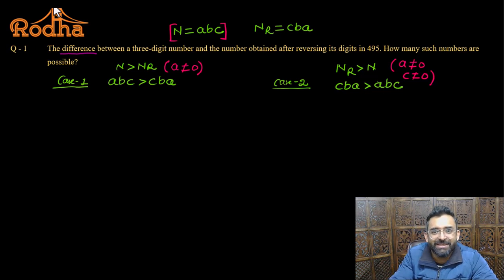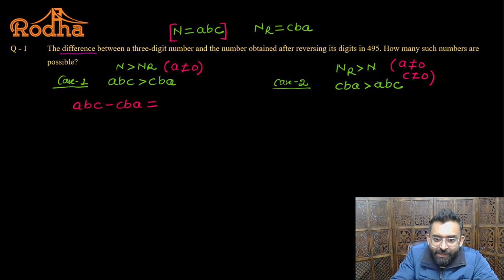So looking at these situations, I can clearly find out that ABC minus CBA is given to us, it is 495. Okay, so 100A minus A is going to be 99A. 10B will get cancelled. C minus 100C is going to be 99C. So I'll take 99 common.